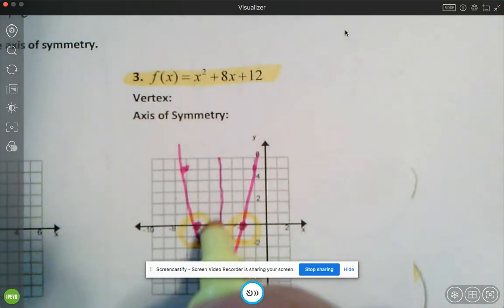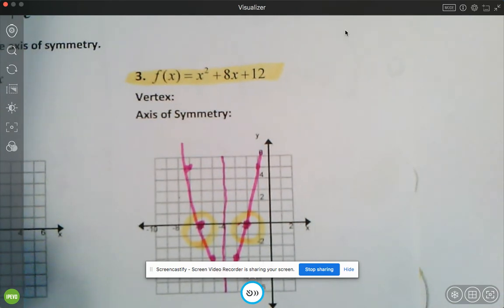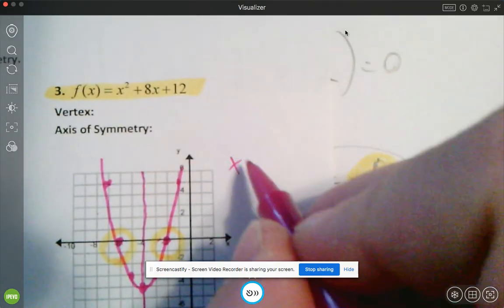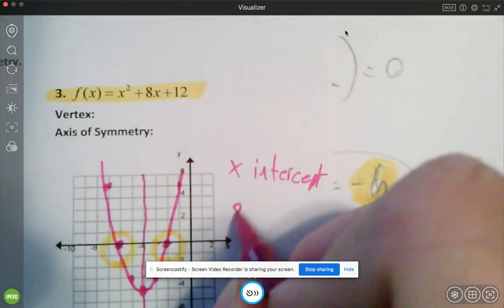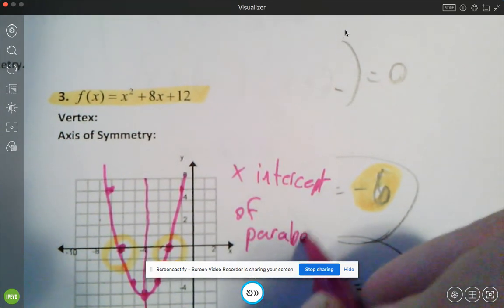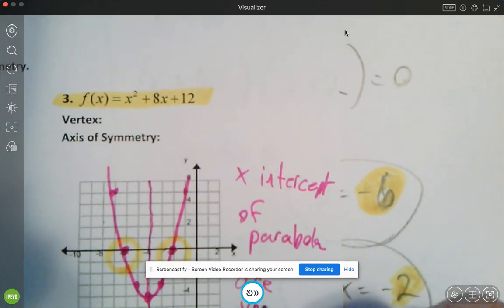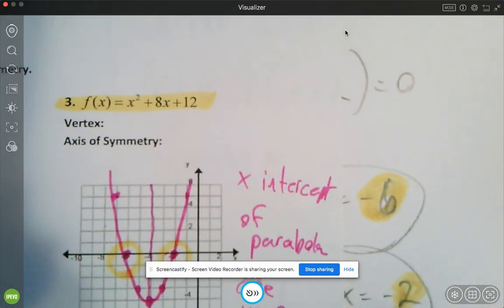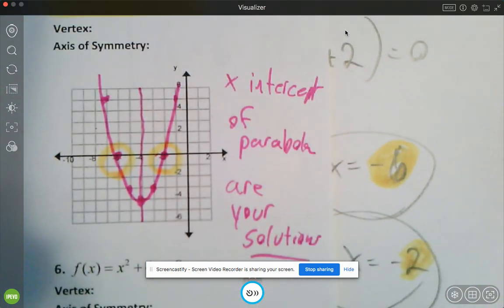So basically, the moral of the story is, your x-intercepts of a parabola are your solutions. All right. So that's cool. That's a great discovery there.